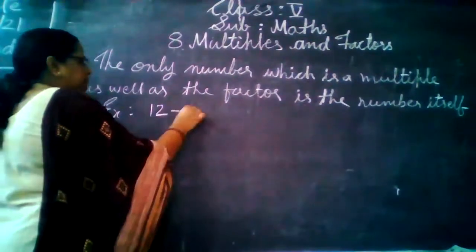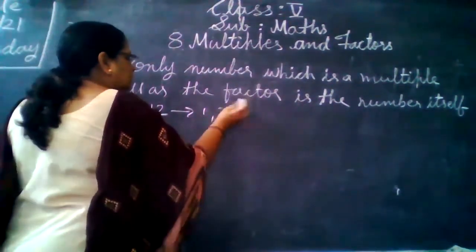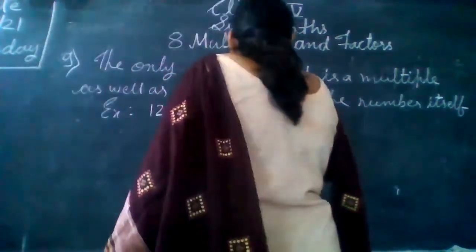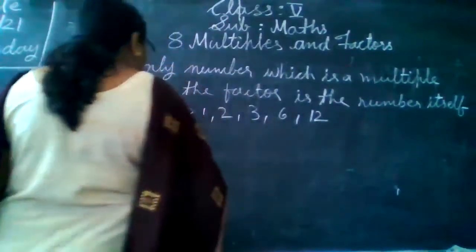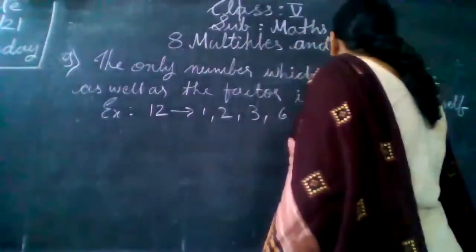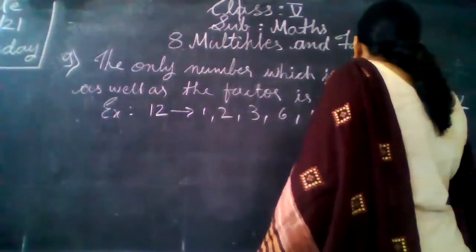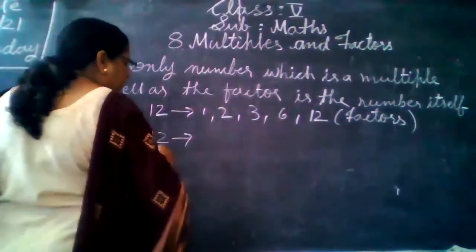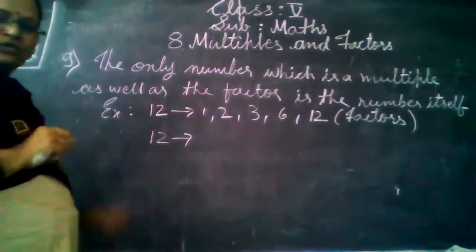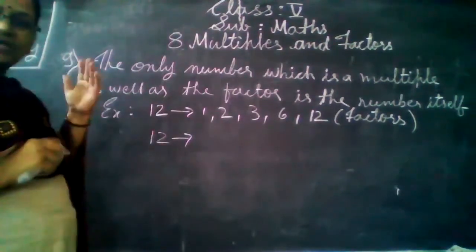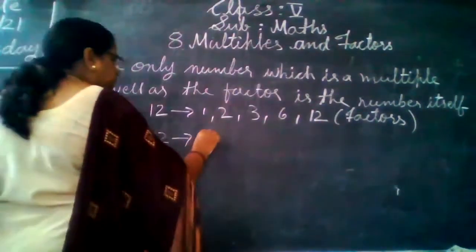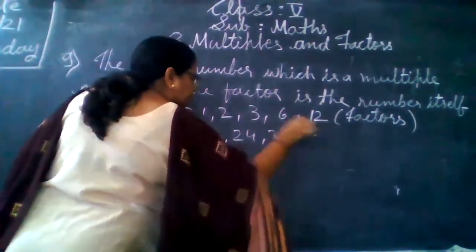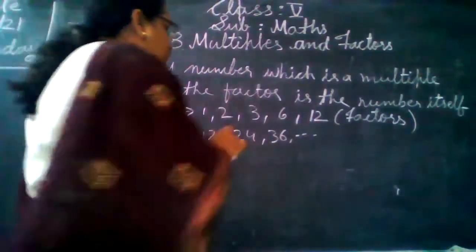factors of 12: 1, 2, 3, and so on. Now multiples of 12: to find the multiple you have to multiply this 12 by 1, 2, 3, 4, that is natural numbers. So what is the meaning of 3 dots here?